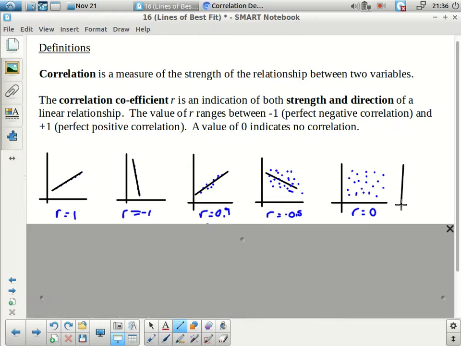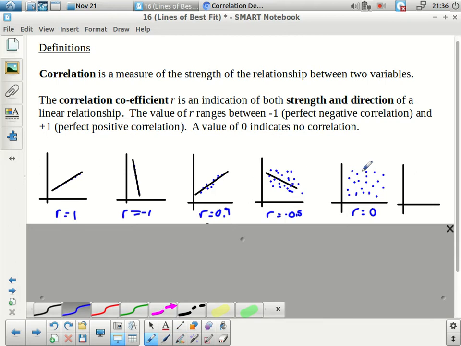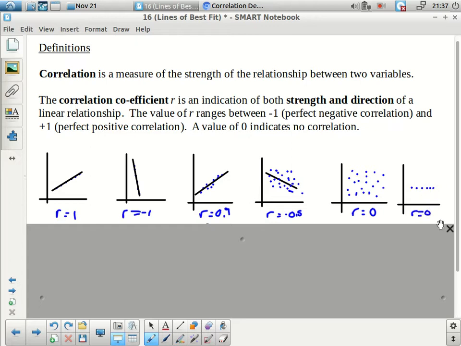The other possibility for R equals 0, tying into the slope idea, is if they do make a line, but the slope is 0. If my points look something like this, a horizontal line going straight across, this also has a correlation of 0.